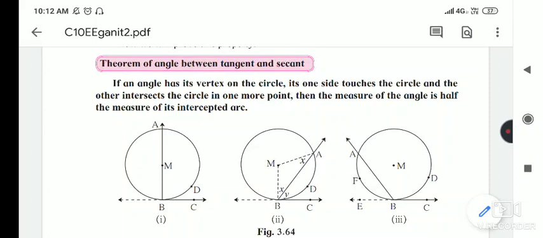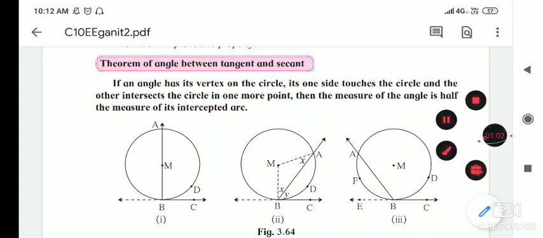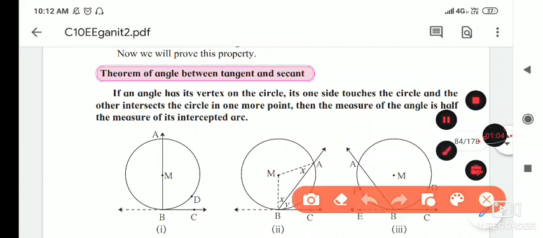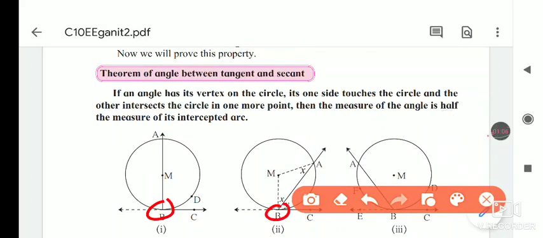The next statement is that one side touches the circle. If you notice here, BC is one arm of the angle and it touches the circle at this point. So B is the vertex in any figure, and BC touches the circle.